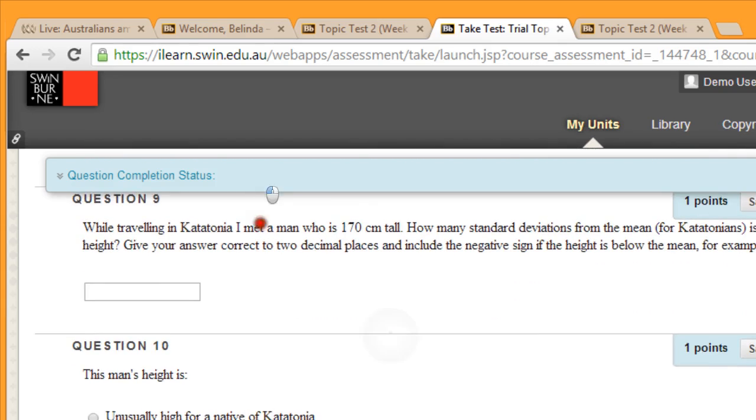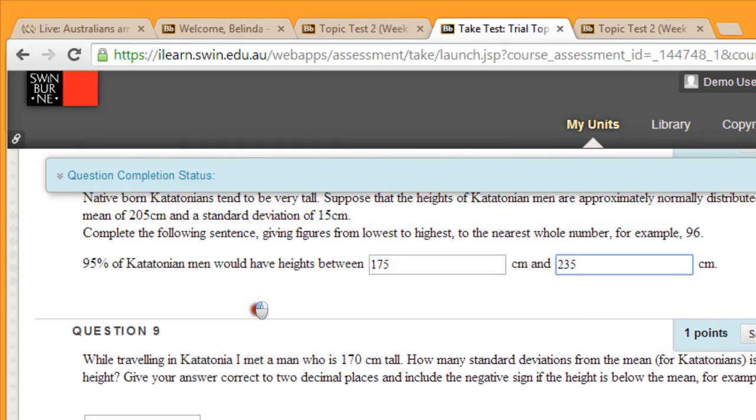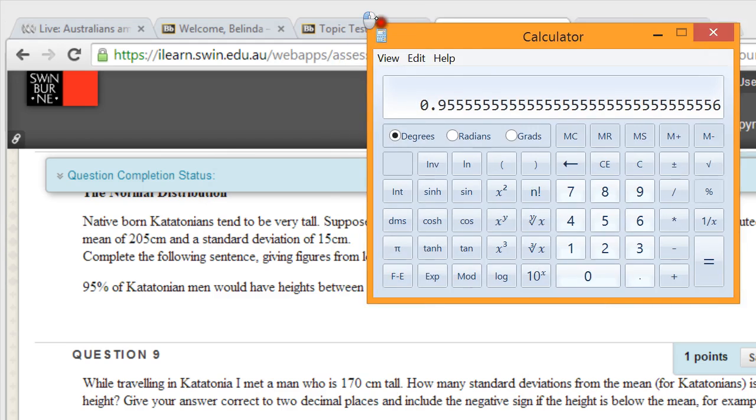So question 9. While travelling in Catatonia, I met a man who was 170 centimetres tall. How many standard deviations from the mean is this man's height? Give your answer correct to 2 decimal places and include the negative sign if the height is below the mean. So basically what we need to do is we take x, 170, minus the mean, which is 205, and divide by the standard deviation, which is 15, because that gives us the z-score.